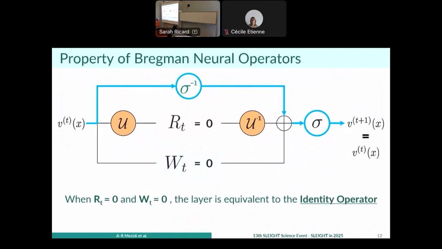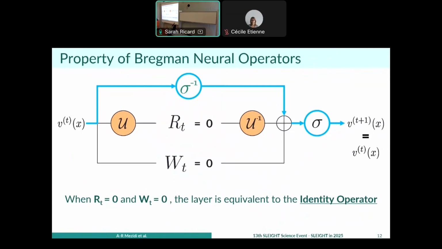An interesting property of this architecture is that when our linear layers here, RT and WT, are equal to 0, our output will only pass through this branch, so sigma minus 1 and then sigma. So the output of this layer will be equal to the input, and our whole layer will be equivalent to the identity operator.